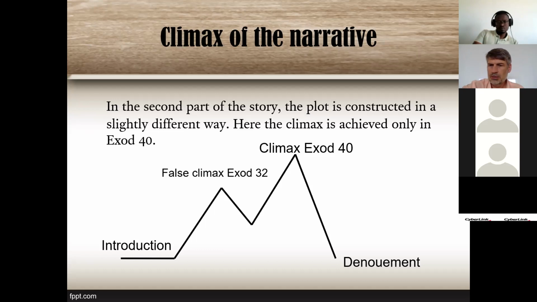Okay, so let me start with the second question. What I see from the story is that Pharaoh didn't repent. Even if he said that he repented, his repentance was not sincere, as I understand it. I don't want to say the same about the Egyptians, because it looks like they understood who God is, but not the Pharaoh. He said that he confessed his sin, but actually he didn't do it sincerely, and it was clear that he hardened his heart from the very beginning.